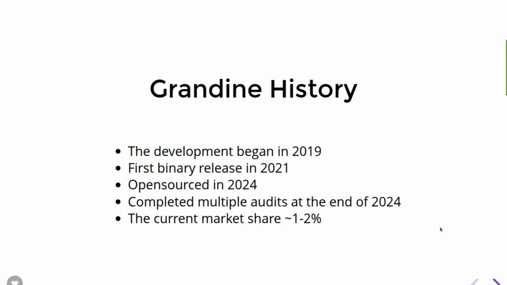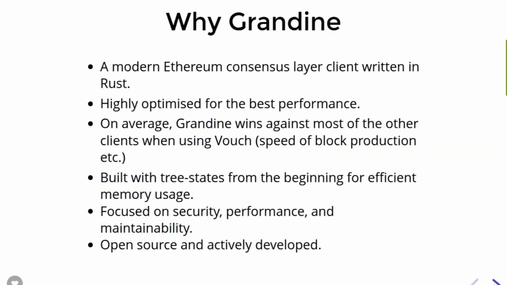There were some very minor issues that don't affect client performance or reliability, and we fixed those small things. So overall, we got a really solid client, and so far we didn't do any kind of targeted marketing. Organically, we have around a couple of percent of the validator share. So that's a quick history.